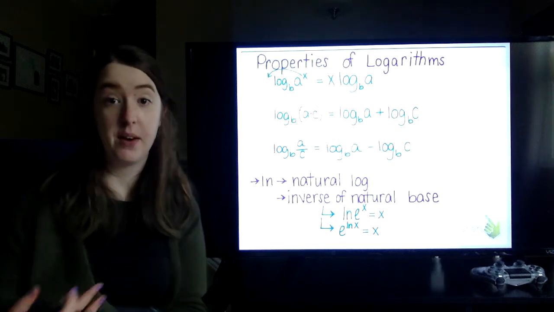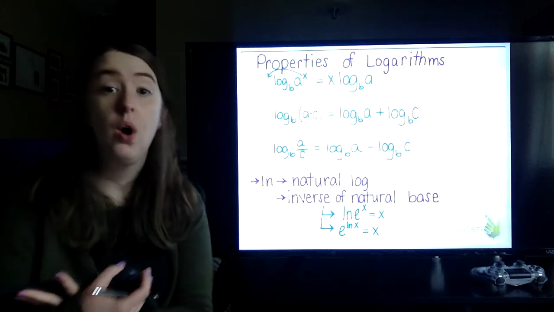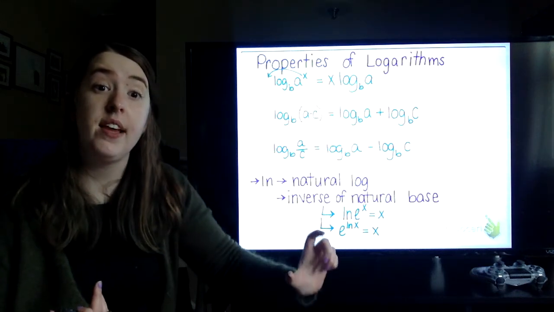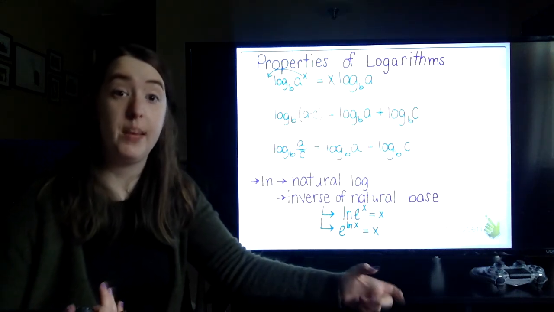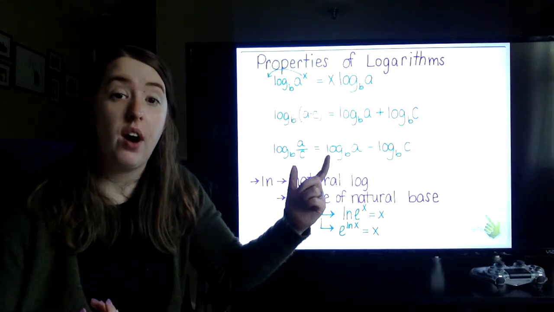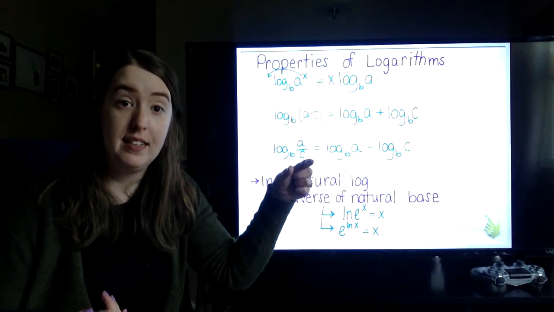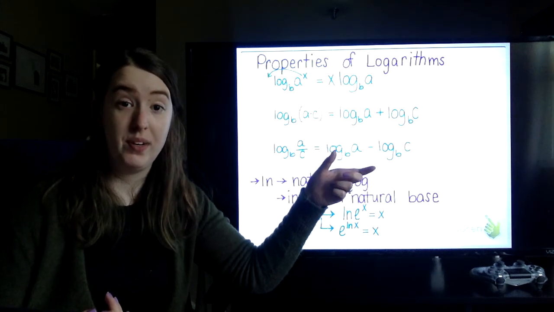So that's really helpful. The next few rules that we have, what can be helpful is to think about those exponent rules that we talked about at the beginning of the unit. So with our exponent rules, if you remember, when we multiply the bases, we would add the exponents, right?